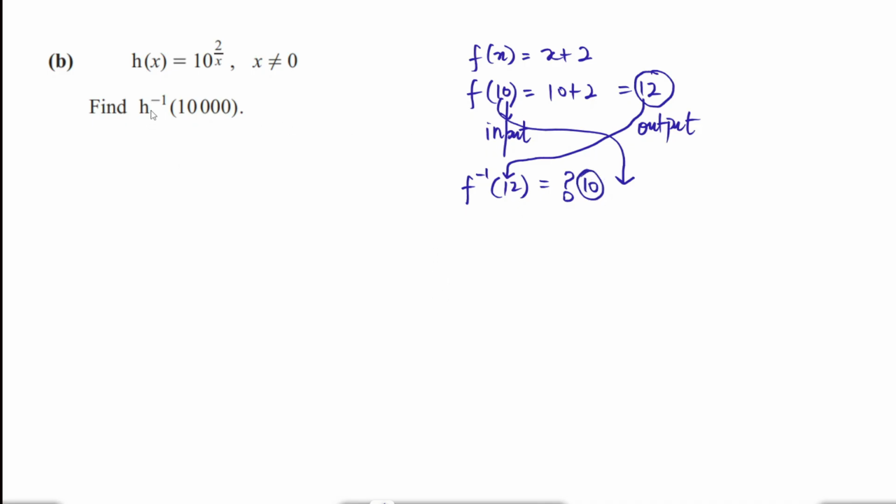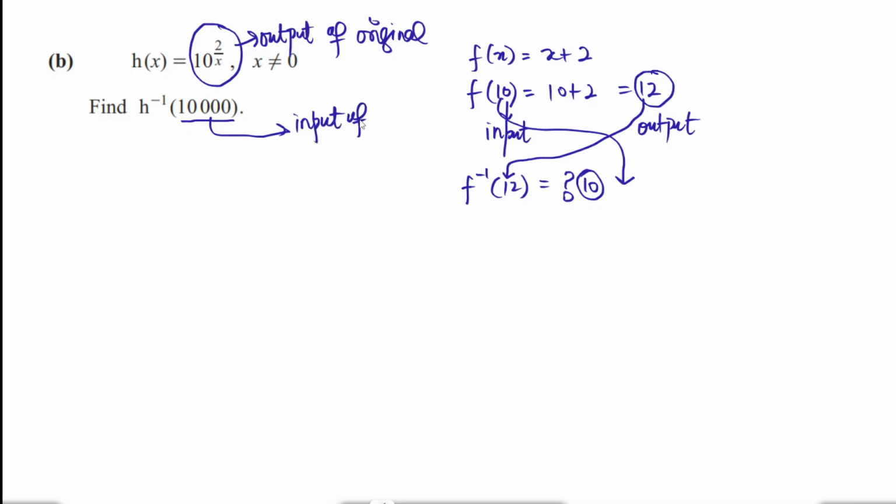Here you see, this is the input of the inverse function. Input of the inverse function is always equal to the output of the original function. So this is the output of the original, and this was the input of the inverse, and both are equal.